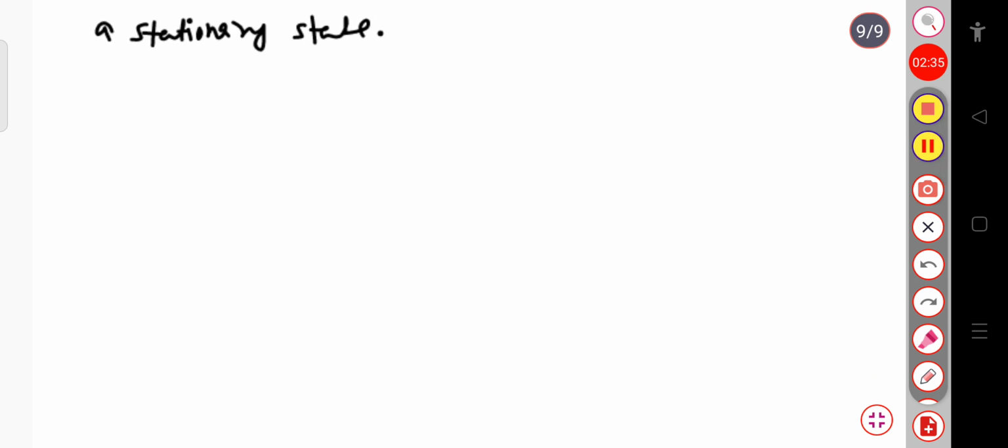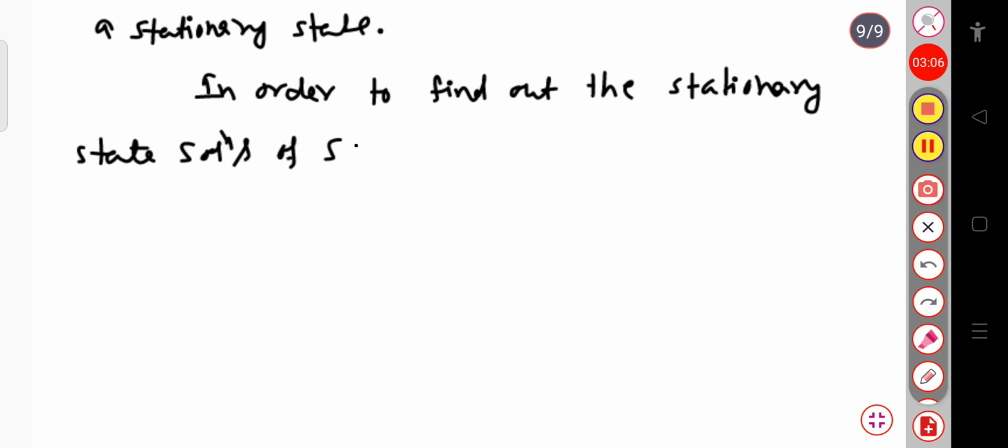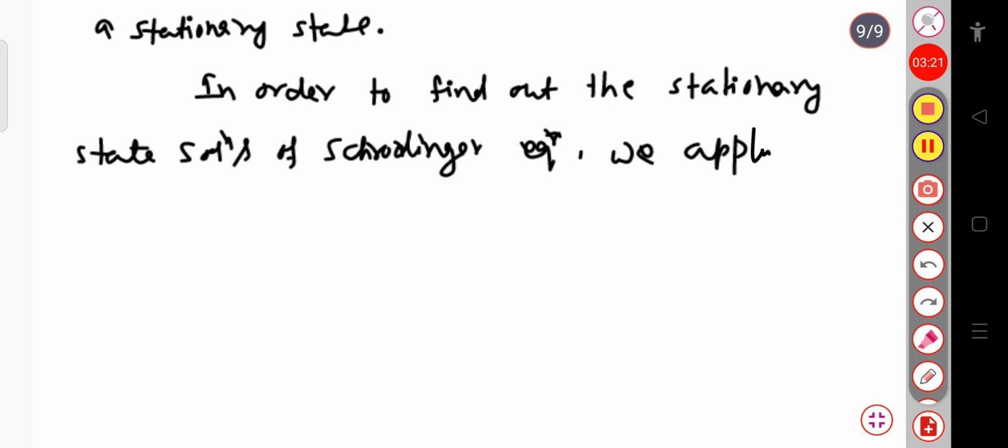So here let me write: in order to find out the stationary state solutions of the Schrodinger equation, we apply the method of separation of variables.